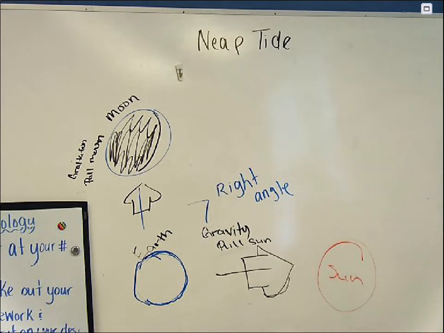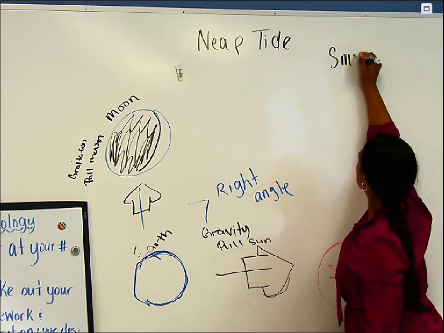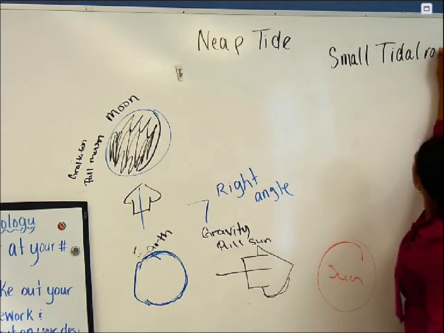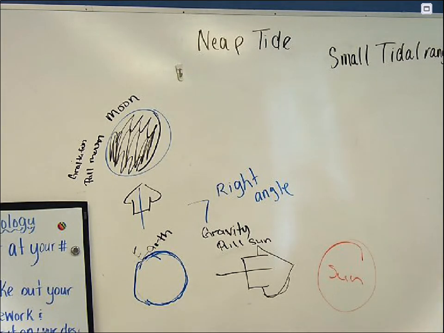What else could we write about our neap tide? What else did you get? A smaller tidal range. Correct. Good.